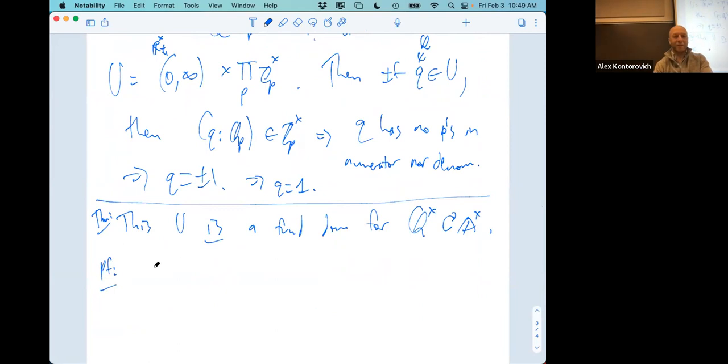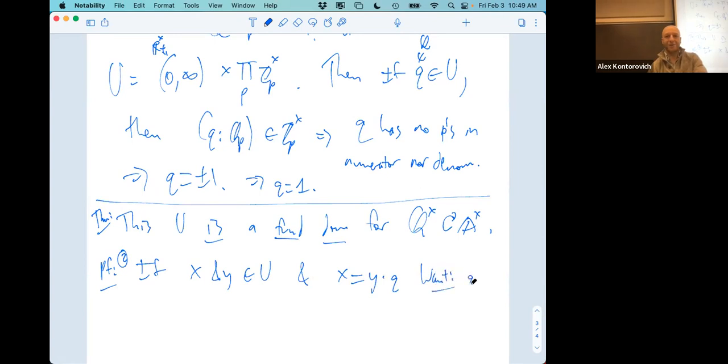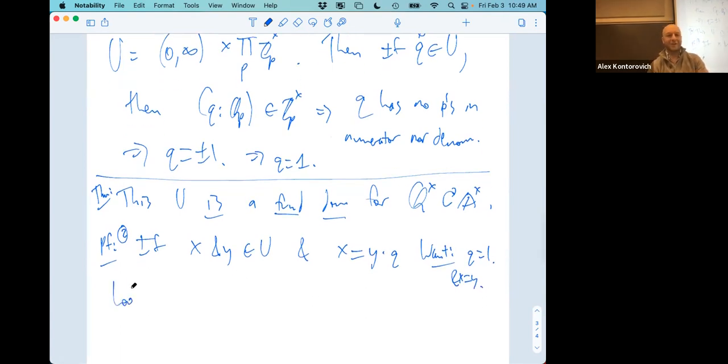Remember what it means to be a fundamental domain. This is what I think I called part 2 last time. If x and y are in U, in the adeles, and x is equal to y times q, I want to know that q is equal to 1, and of course then x is equal to y. So look at x times y inverse.